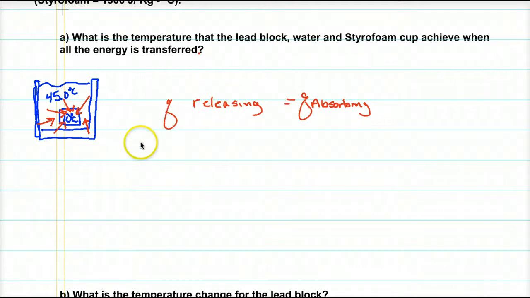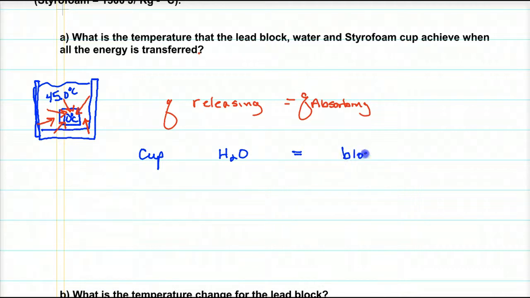So in any case, as we said, who's getting released is the cup and the water. Who is getting that energy from them is, of course, the cup. Now, it's not the cup. Scratch that. The block. I can do this.